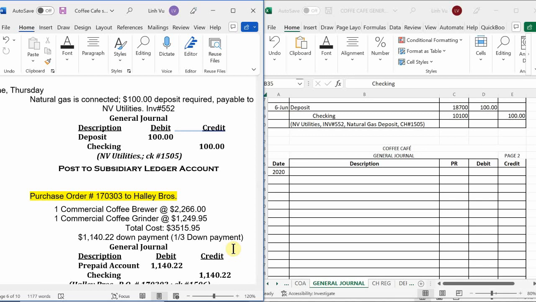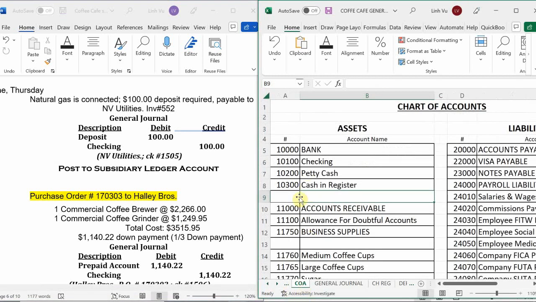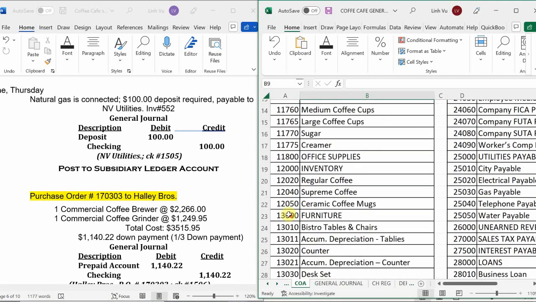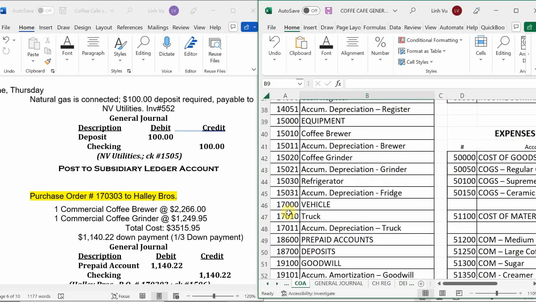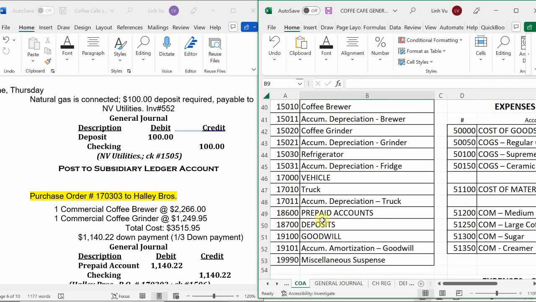which in this case, what account do we use as an advanced payment? Your advanced payment. Was that prepaid accounts? It's a prepaid accounts, correct, right? And how am I going to pay this $1,140?